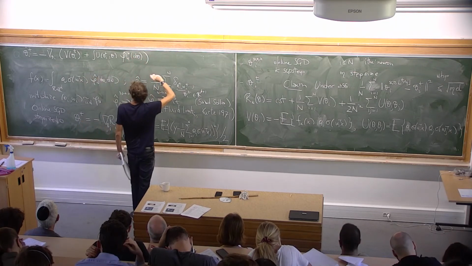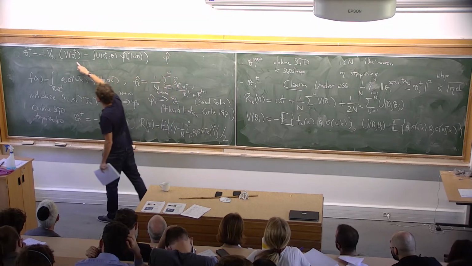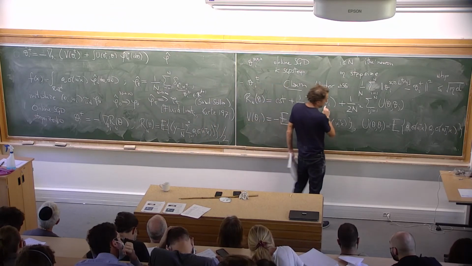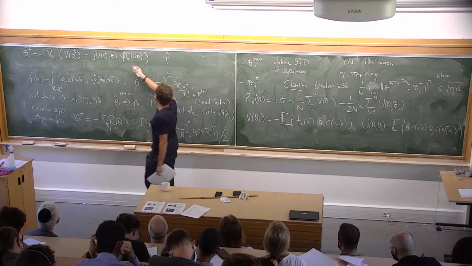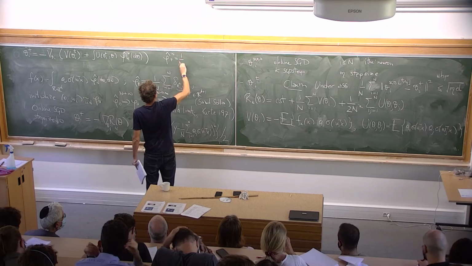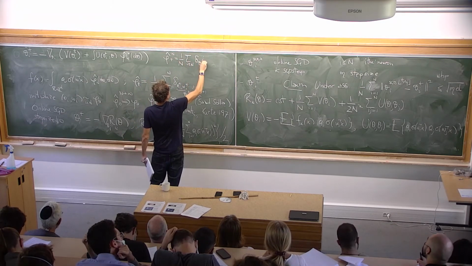Well, this is just the empirical distribution of the particles. So you can think of these thetas as particles that have one a potential and then a pairwise interaction, and then at any given time they have a distribution, an empirical distribution that is this one.